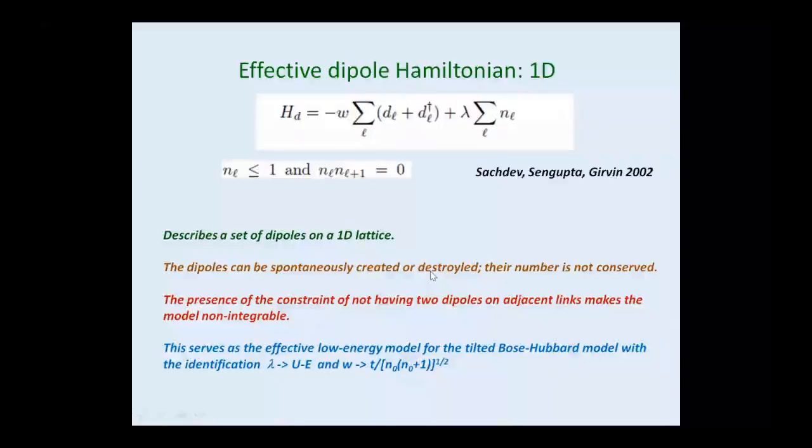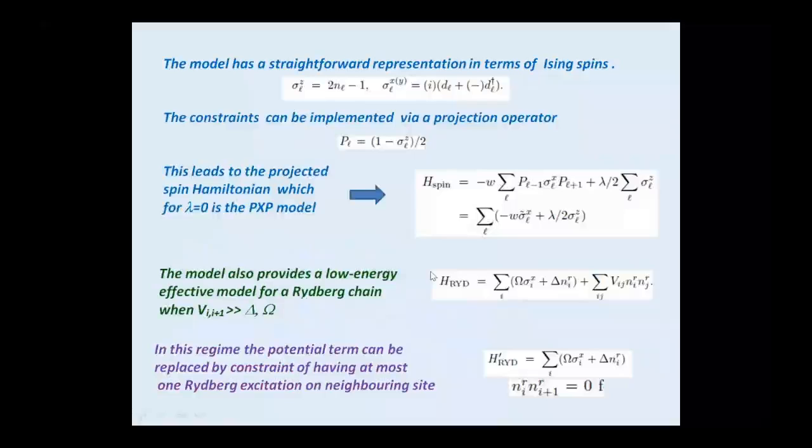How do you see that? You can map this dipole model to a spin model by mapping the number of dipoles to sigma z and dipole creation and destruction to sigma x and y, or sigma plus and minus. Then one can define a projection operator which goes to 0 if the dipole state is occupied, and this dipole Hamiltonian can be exactly written in the spin language by using this projection operator.